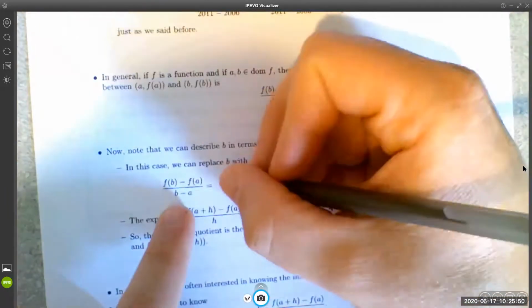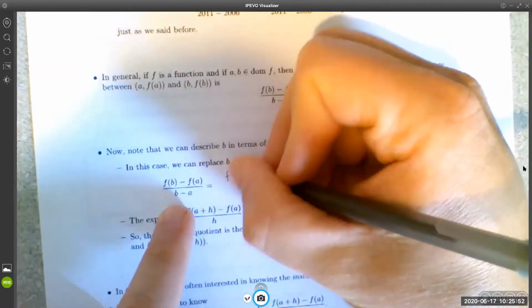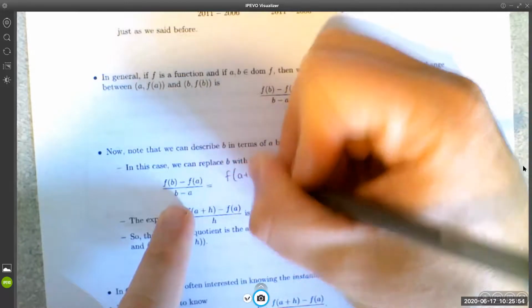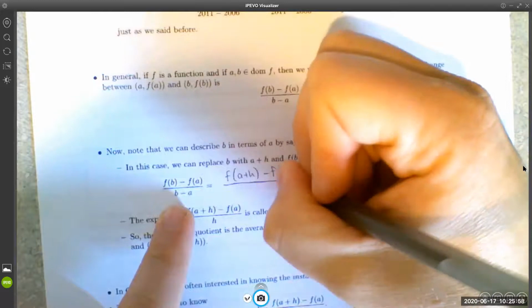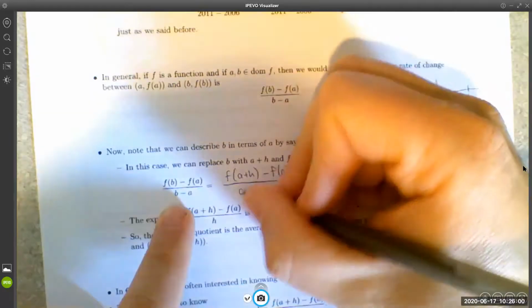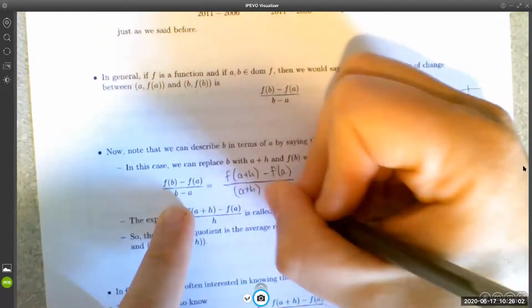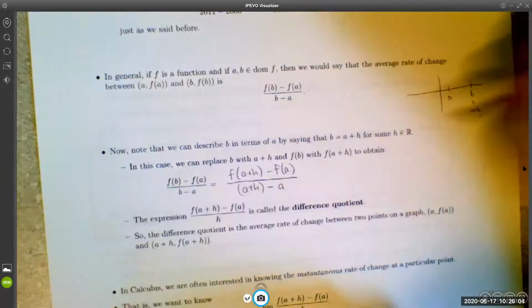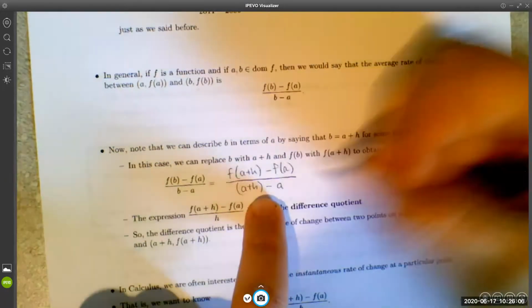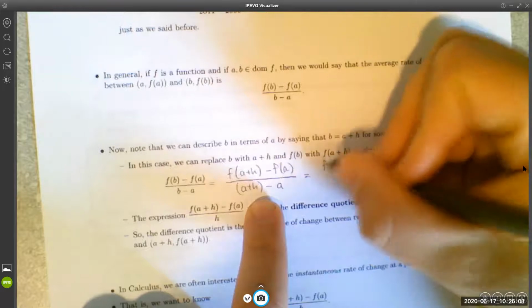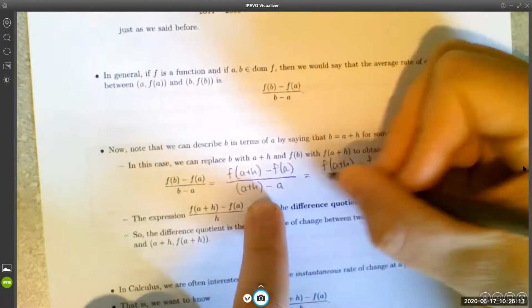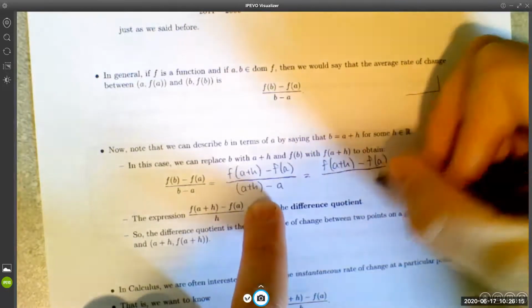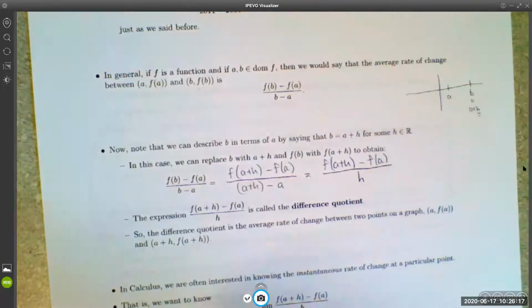We get f of b minus f of a is really going to be f of a plus h minus f of a. And b minus a is going to be a plus h minus a. And we can combine like terms down there in the denominator. We would get f of a plus h minus f of a all over h. The a's cancel.